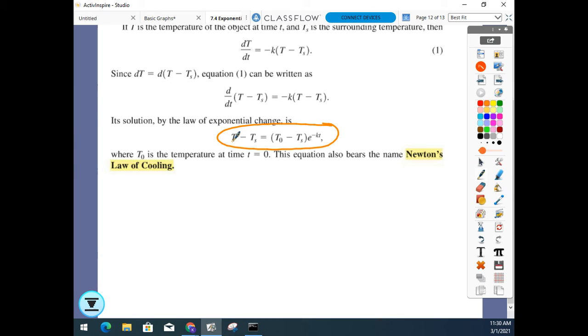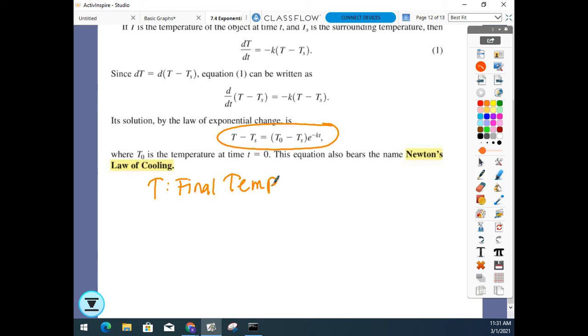So it's T minus T sub S equals the quantity T sub 0 minus T sub S times e to the negative kt. All right, so the first thing you need to know, T is the final temperature.